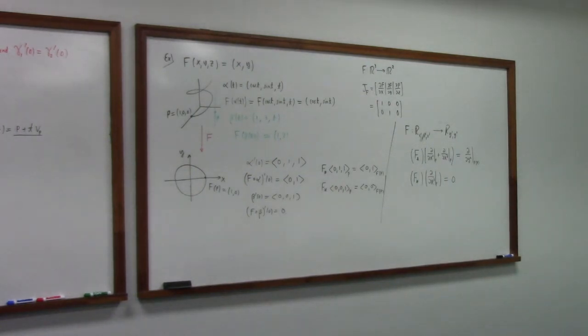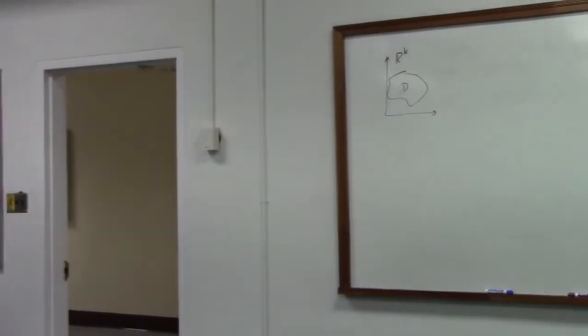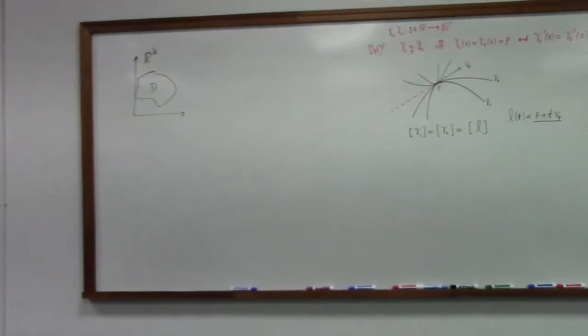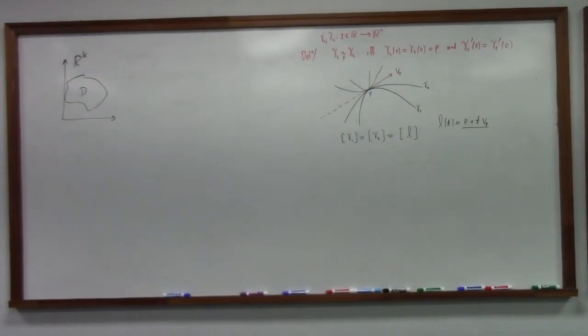Suppose we're parameterizing a k-dimensional space. That means the parameter domain is some subset of R^k. K is equal to 1 for a curve, 2 for a surface, 3 for a volume, 4 for a 4-volume, and so forth. You have as many parameters as you have dimensions in the space you're trying to parameterize.